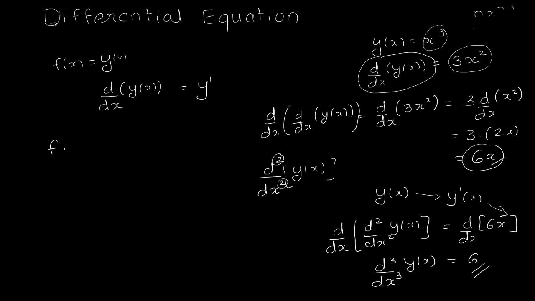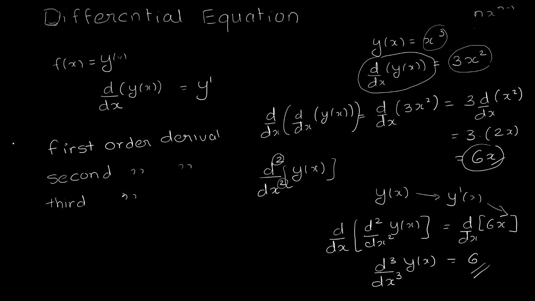Once you are differentiating it once, it is called the first order derivative. If you are differentiating the derivative again, it is called the second order derivative. If again you are differentiating, it becomes the third order derivative, and so on.